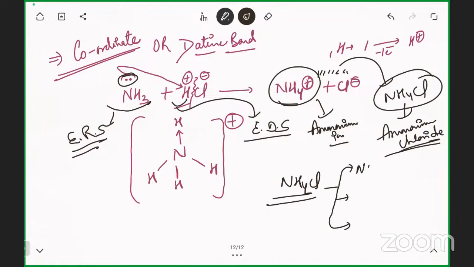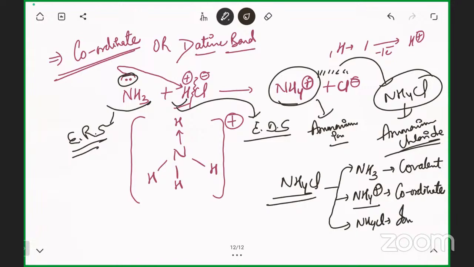NH3 is covalent. Very good. Next, NH4 positive is coordinate, and NH4Cl is ionic. Clear?